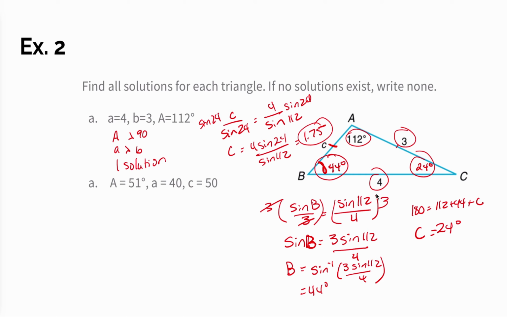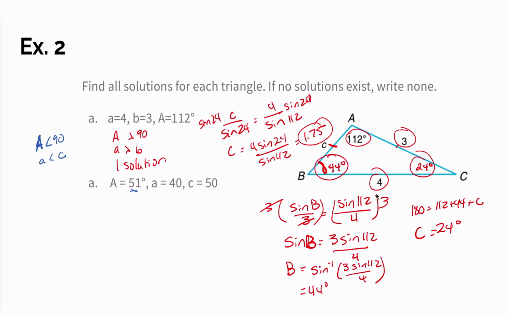Switch colors over here. Okay. Here we have angle A is less than 90 degrees. So go to step 2. Side A is less than side C. So go to step 3.